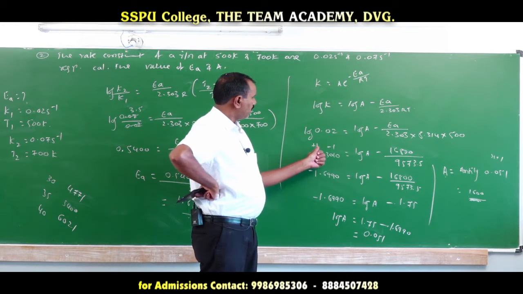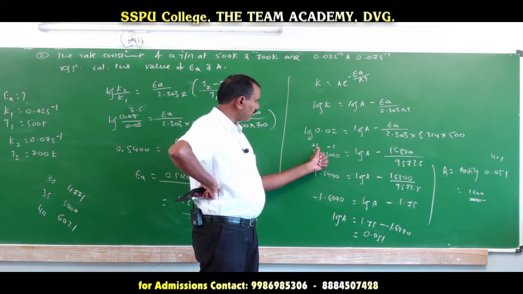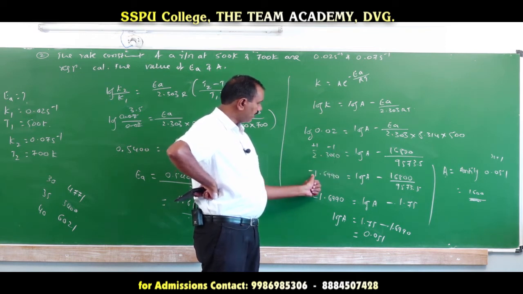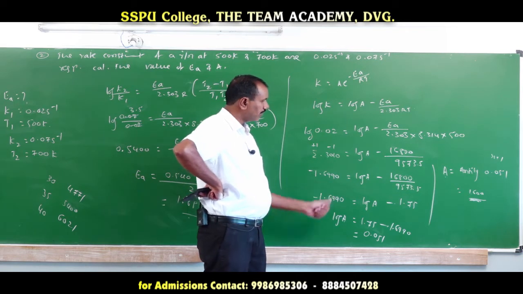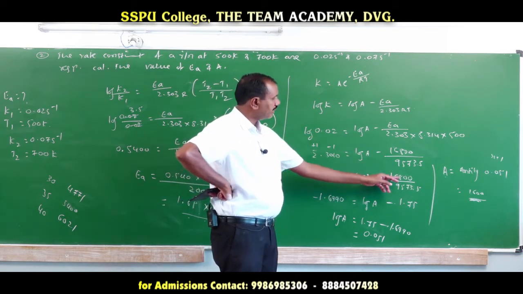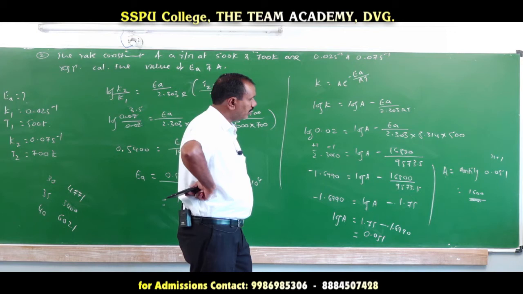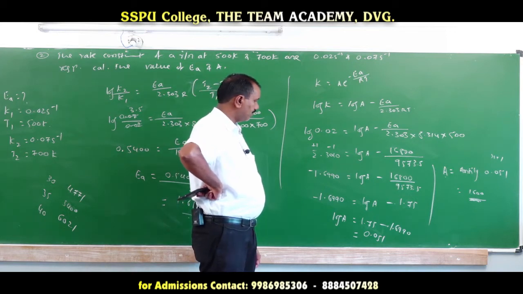If the log value is negative, we do plus 1 for minus 2 and minus 1 for this one, that is minus 1.6990. So log A minus 16800 divided by 9573.